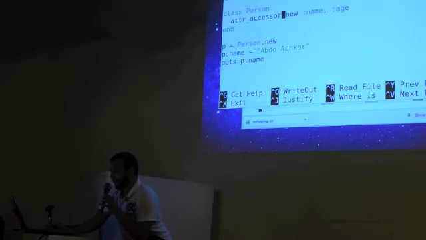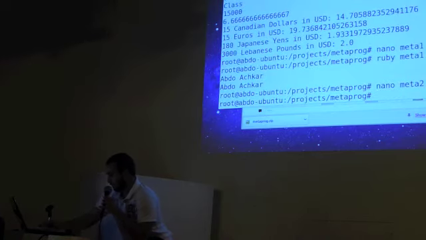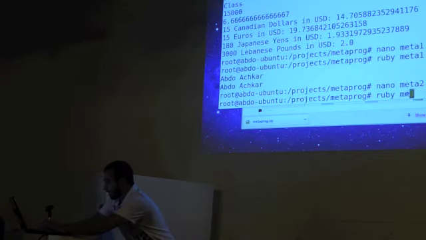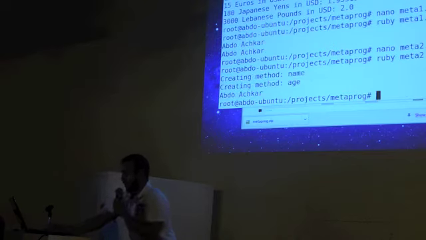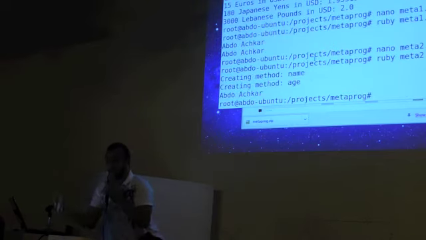And here's the new class person, and I'm using my generator, which is going to generate name and age accessors, like setters and getters. So let's try it out. Okay, it created the method name and the method age, and then it worked.